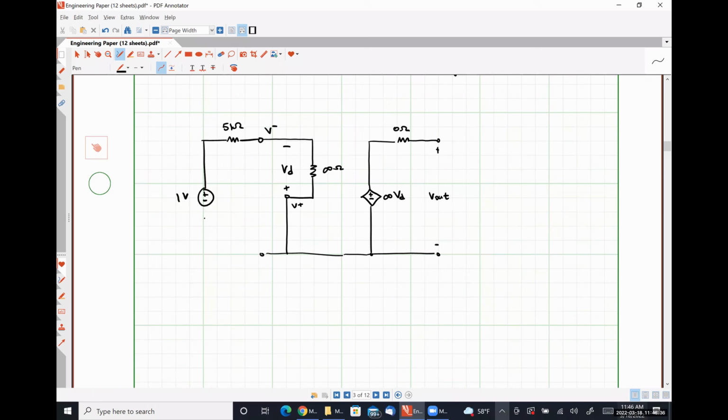Here is our 1 volt source. Here is our 10 kilo ohm feedback resistor. And there's ground.